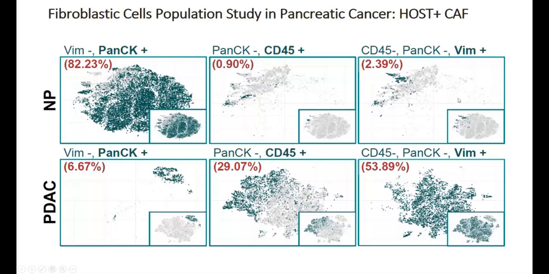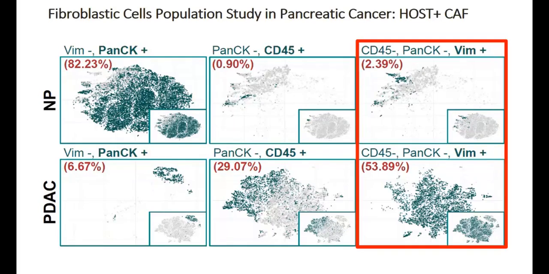And when we went to assess the fibroblastic compartment, we checked the presence of the marker vimentin in the absence of the former. So as you can see here in the inserts, this is the raw population, and then in the magnification, after cleaning or after gating the population, how can we be more assertive in assessing the cells that we are interested in?